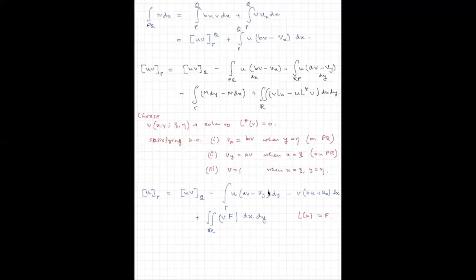So this is the Riemann-Green solution to the Cauchy problem when u, u_x are prescribed on gamma.